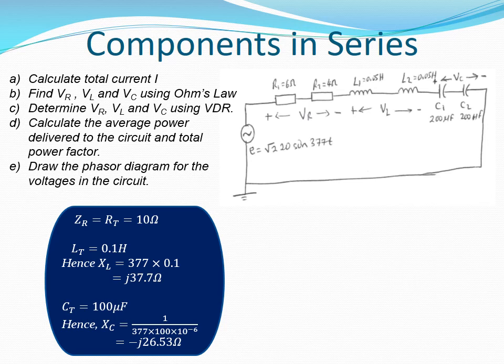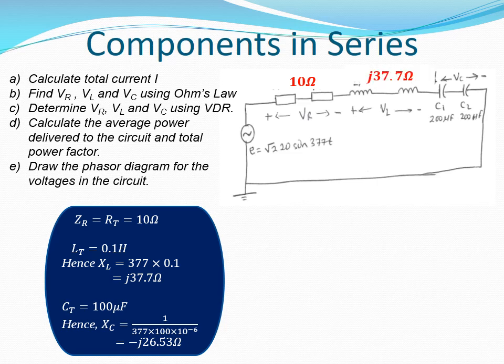For the resistances, the overall impedance is 10 ohms because the resistances are in series. For inductances, the total inductance is 0.1 henries because the inductances are in series. The corresponding impedance is j37.7 ohms.